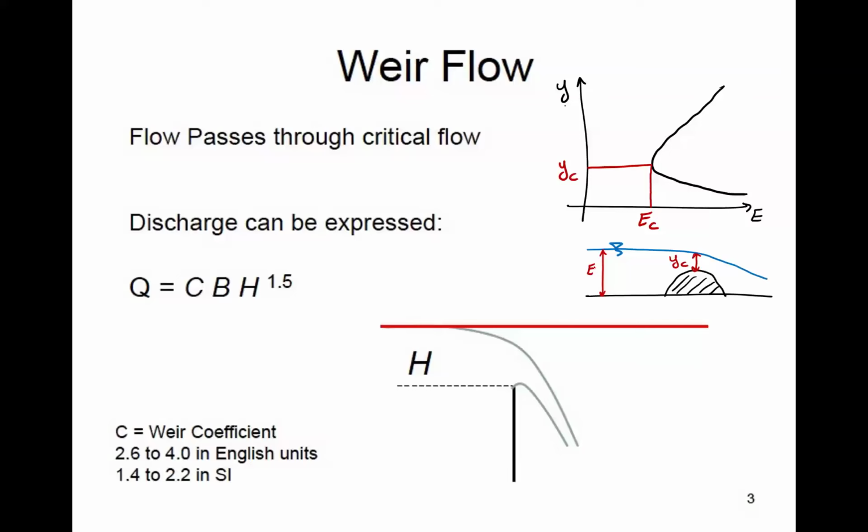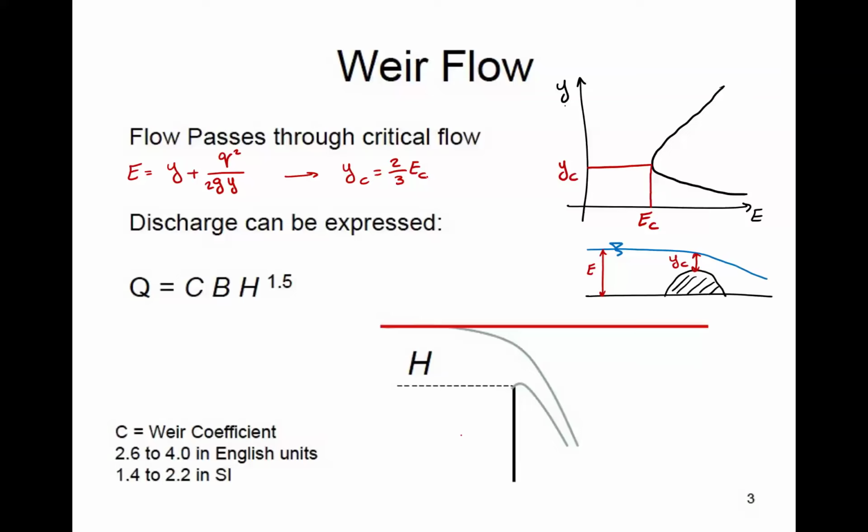So we remember that specific energy is equal to, in a rectangular channel, y plus q squared over 2gy squared. And if you, again, remember, if you rearrange and look at the critical flow, we'll see that critical depth is 2/3 of the specific energy or minimum specific energy.